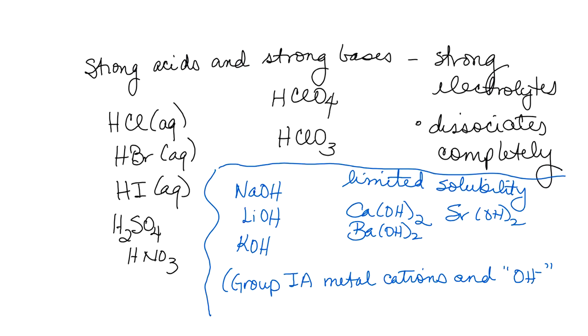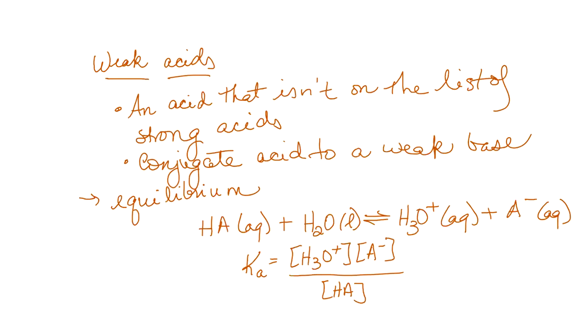So what about other acids and bases? Other acids and bases that we need to keep in mind are the weak acids, and then we'll go into weak bases. If you see an acid that's not one of the 7 strong acids we previously listed, those are typically going to be weak acids. Also, they could be the conjugate acids to a weak base. Remember, a weak base gives you a conjugate weak acid.